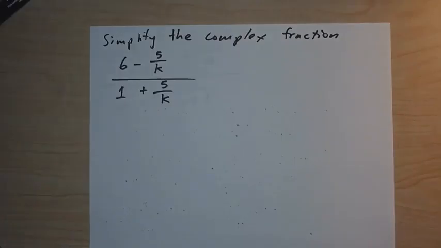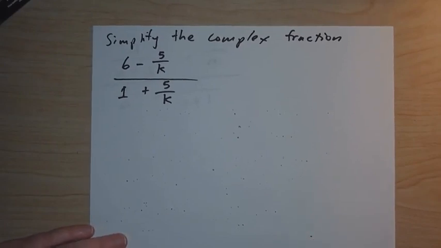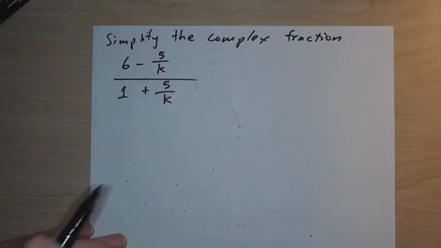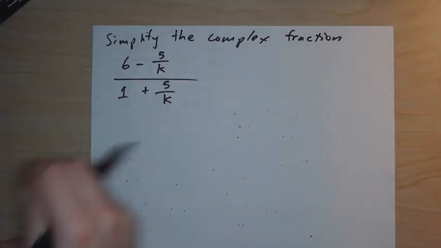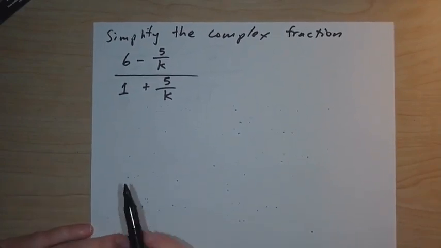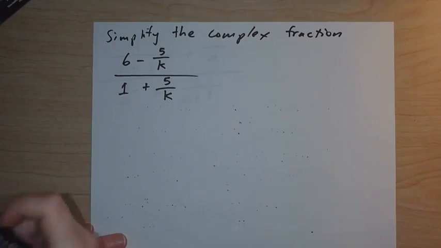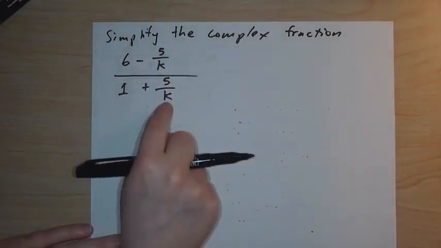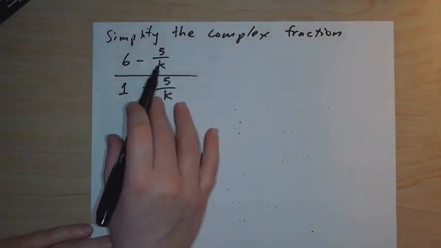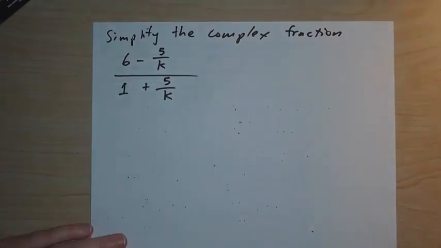Next step is to simplify the complex fractions. You'll have to do this on your homework. So a complex fraction is when you have fractions within your fraction in this format. So the way you're going to simplify a complex fraction is you're going to multiply by whatever's in the denominator over itself. So here we have k in both denominators of each of the little mini fractions.